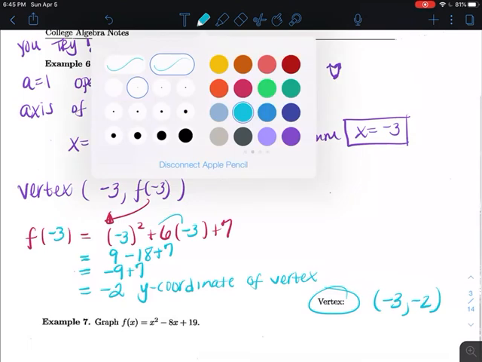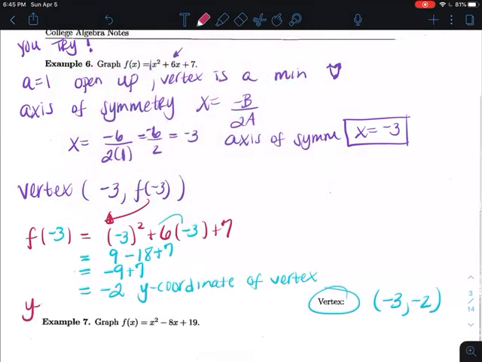The y-intercept, remember, is just y equals c. So my y-intercept is going to be y equals, and our c value is 7. So y equals 7. It's going to cross the y-axis at 7.